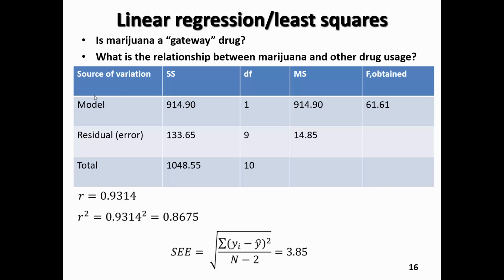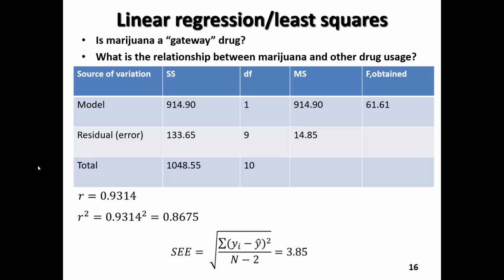The variation due to the model is the generated regression function. So we can clearly see what causes the variation in y. It's the variation in x. But not every data point was on that line of best fit.